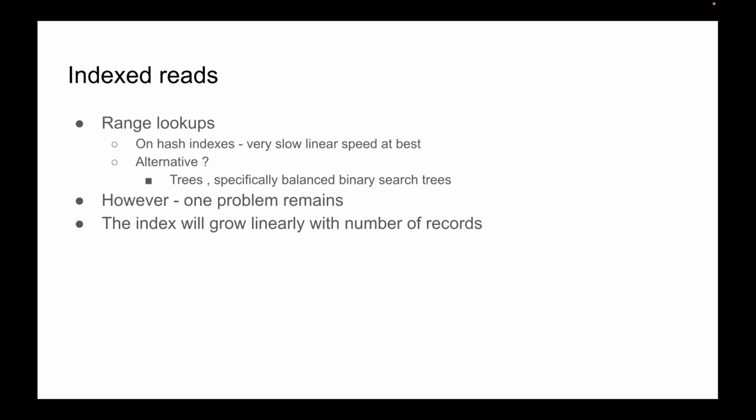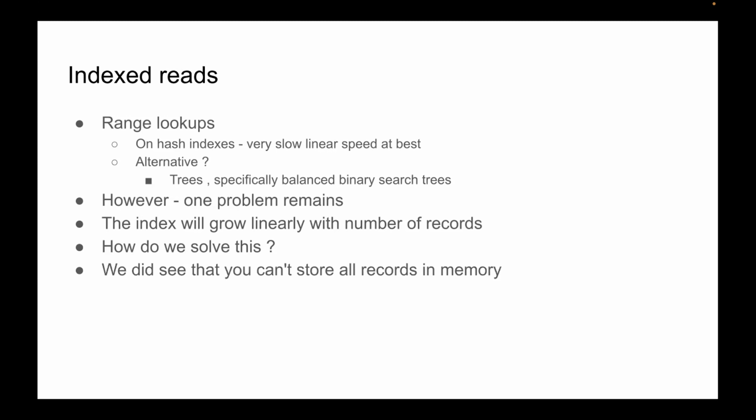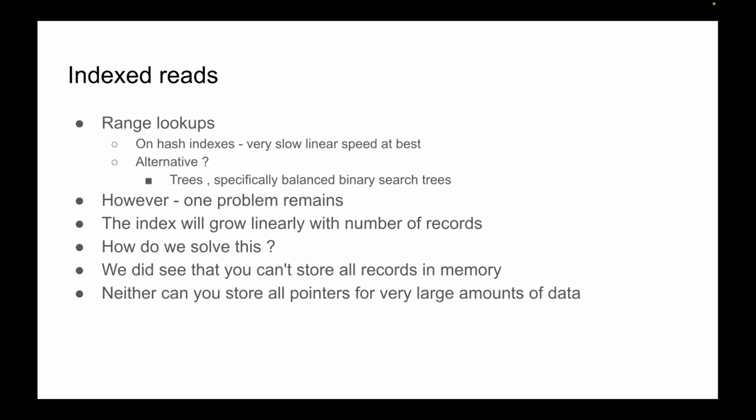But what if my data goes to terabytes, right? One machine having 10 terabytes of data, now I have 10 terabytes of records. I obviously cannot have 10 terabytes in memory. So how do we solve this? We can't store all records in memory. That was ruled out. Now we know that you can't store all indexes in memory either.